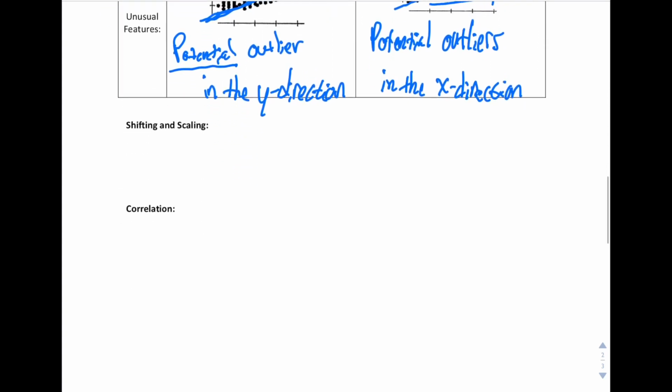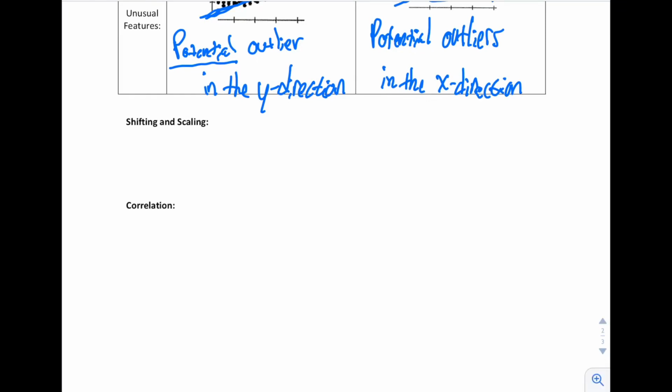Shifting and scaling, I don't want to get too much into detail with this right now. For now, all you'll need to know is that shifting and scaling any of these points, now remember these points are x and y's, right? So it's a coordinate. If we shift and scale, it could affect either one or both of them.